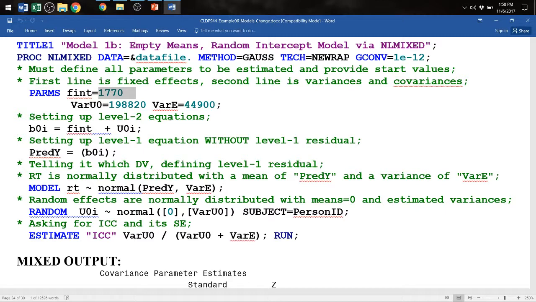If I were doing this for real, then we would start with a simpler model without any random effects to get good guesses for what the fixed effects would be, and then we would re-estimate it, updating the start values as often as necessary. If you don't have any idea what a start value should be, put 0 in. It may make it run longer, but it won't necessarily hurt anything. Then we're writing out the model itself.